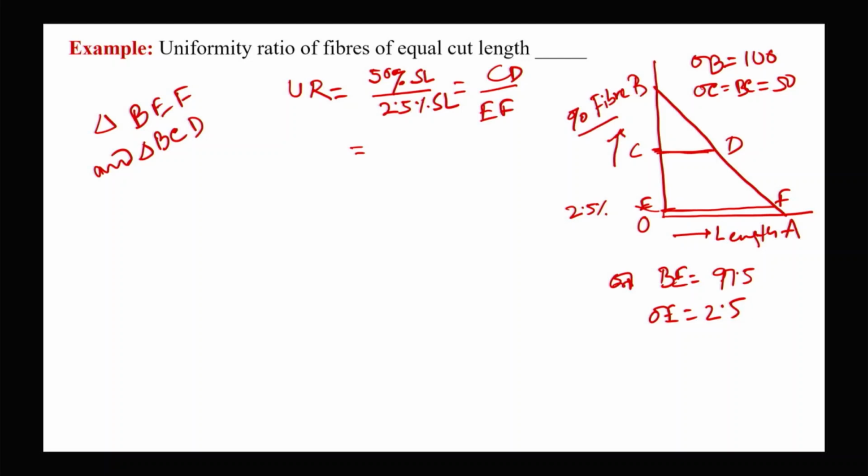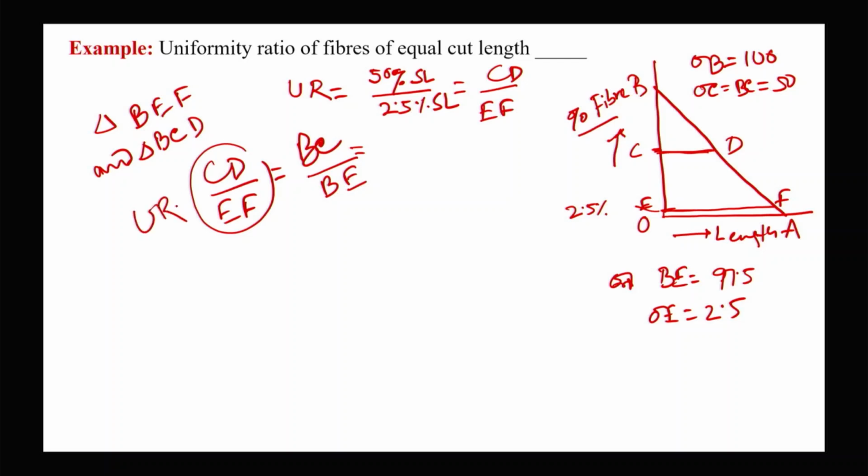The similar triangle rule is that CD by EF will be equal to BC by BE. So CD by EF is nothing but uniformity ratio.